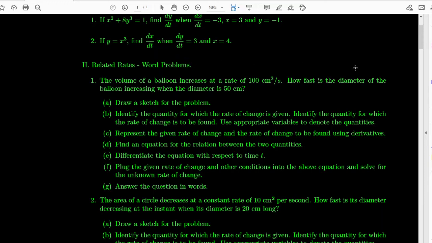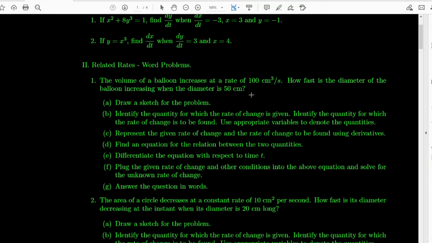And then in the question we are looking for a rate of change. Try to understand that. The rate of change means how fast the diameter is increasing. It's actually an instantaneous rate of change when the diameter is 50 centimeters long. To help you understand the problem, maybe try to answer my following question.